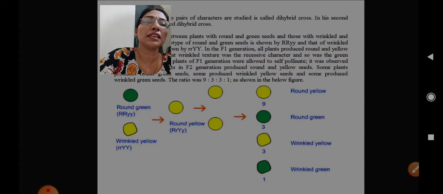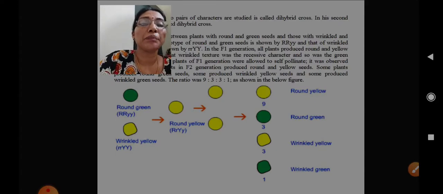Only the dominant character appears in the presence of a recessive one. That is why we see all the seeds are round yellow. In the next generation, round yellow, round green, wrinkled yellow, wrinkled green, all four forms of characters are seen here.